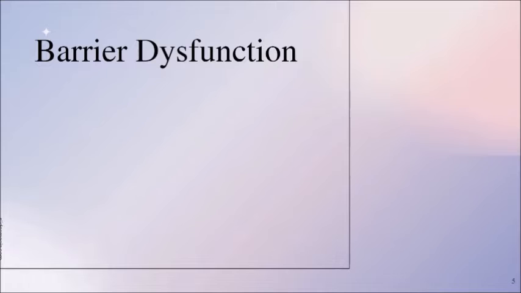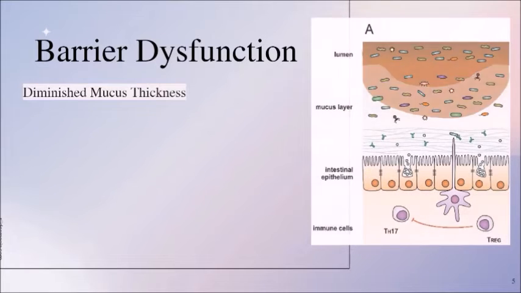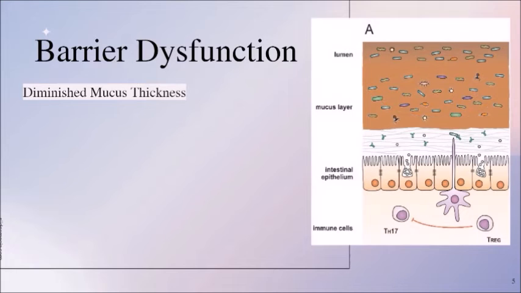Barrier dysfunction. The protective mucin layer can thin, or even be worn down completely, when mutations occur in the MUC1, MUC2, MUC19, and PTGER4 genes. The goblet cells that normally secrete mucin become defective without functioning copies of these genes, and the bacteria aren't impeded by the mucin on approach to the epithelium.